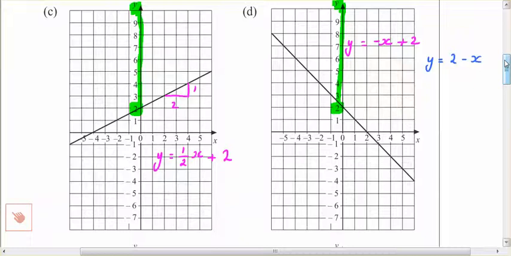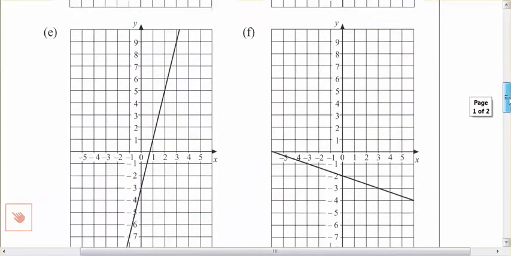Because we are used to seeing the first number as the gradient, and this is the intercept. The reason is that this one I've only got 1 sign, and this one I've got 2 signs. So it's a bit messy. It just makes it look neater and nicer. So you will see people write it like this. You have to be aware that this can be written that way round, that then you recognise as gradient. What I don't want you to say is that 2 is the gradient now.